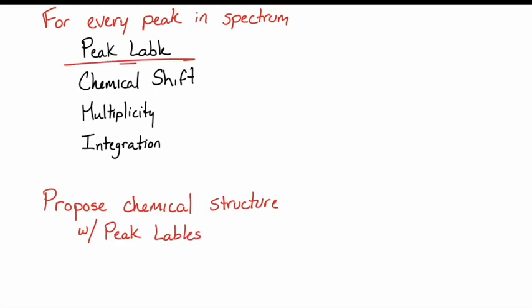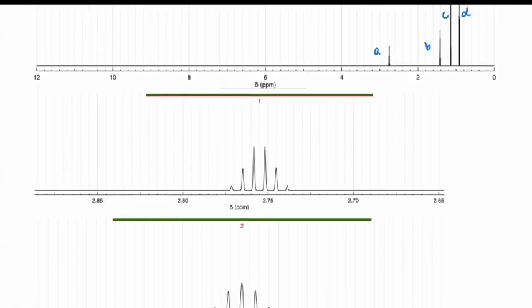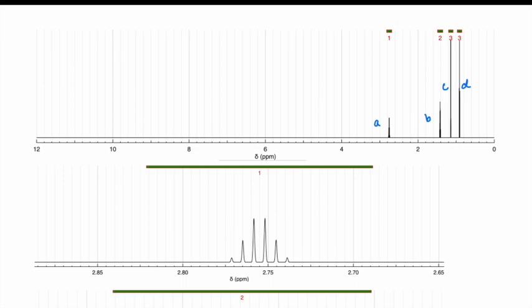I labeled all my peaks up here. I'm going to match them to my carbons in my proposed structure. All right, so I'm going to do this up here just for the sake of room and all that jazz. But again, this would just be in your notebook, information that's summarized.